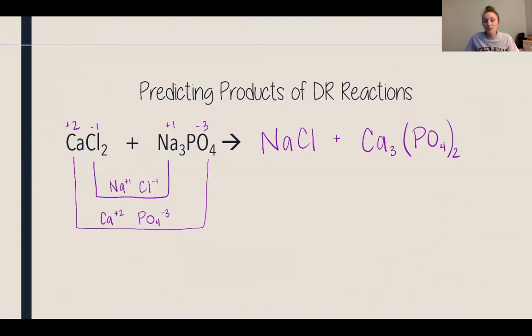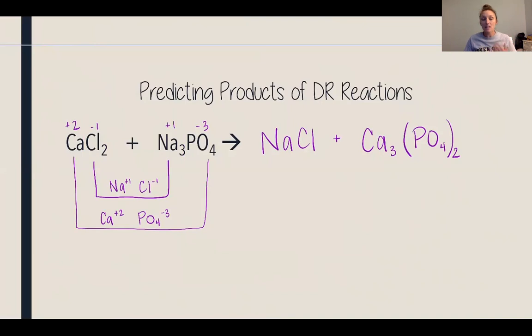All right, so I have calcium chloride and sodium phosphate yield sodium chloride and calcium phosphate. Now, if you switch the order, if you put the calcium phosphate written first and the sodium chloride second, it makes no difference. It is important to put the cation first and the anion second.